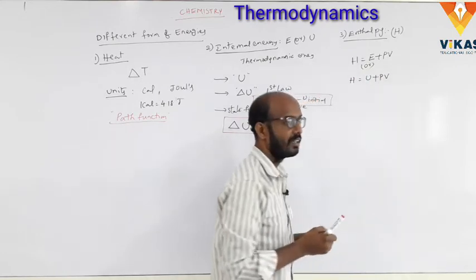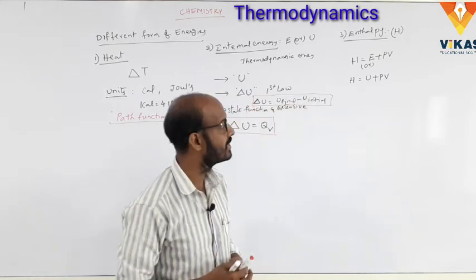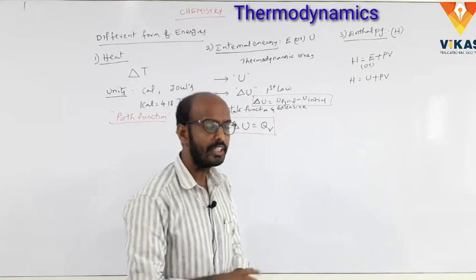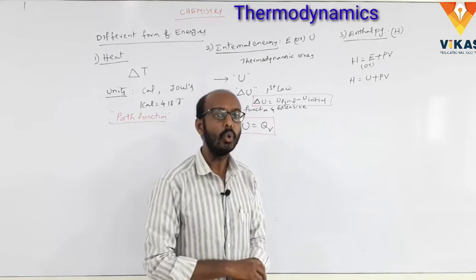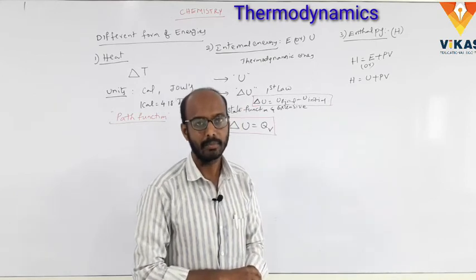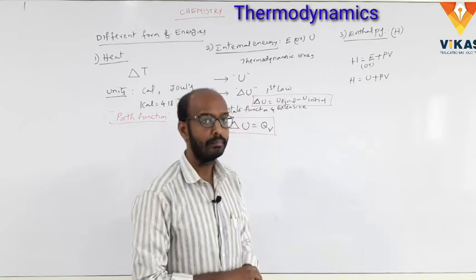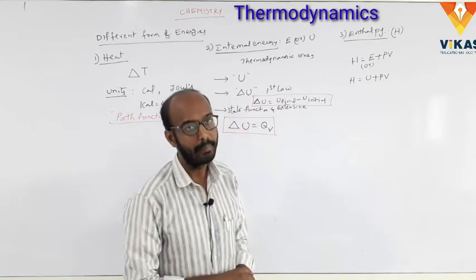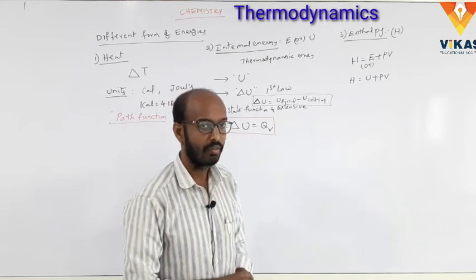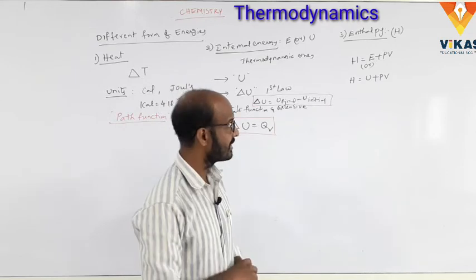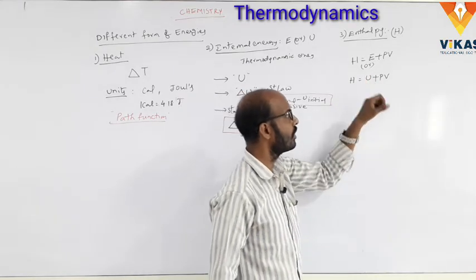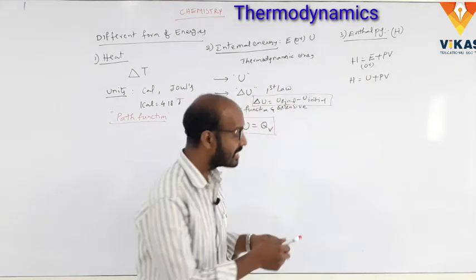Either H is equal to E plus PV or H is equal to U plus PV. What is enthalpy? It measures the total heat content present in the system at constant pressure and temperature. It is a state function.